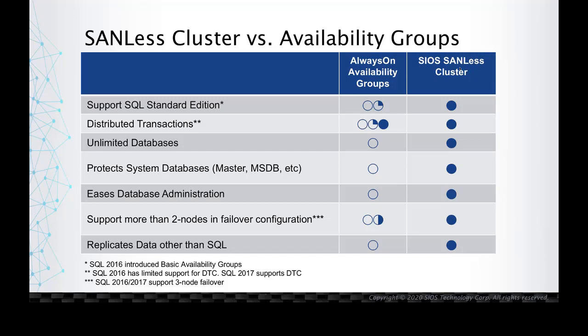With block level replication, we really don't even know how many databases you have, because we're just replicating blocks on the disk. So I'm supporting customers with tens of thousands of databases, and it doesn't matter. There's no limit in terms of the number of databases.